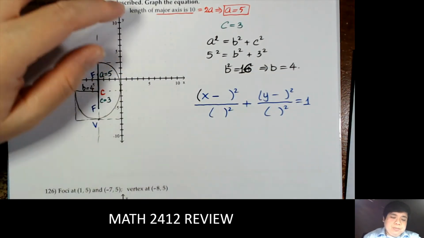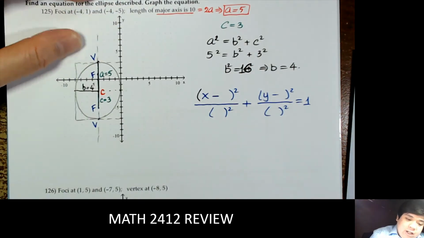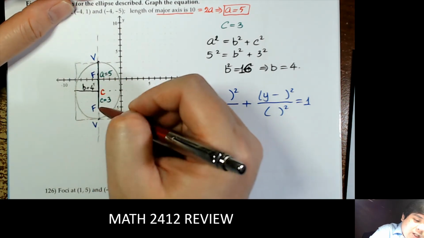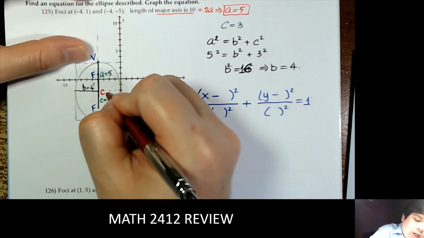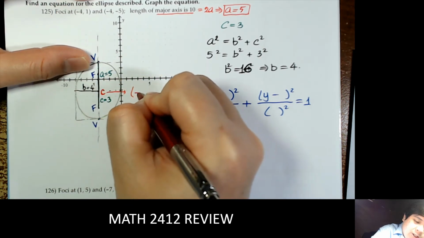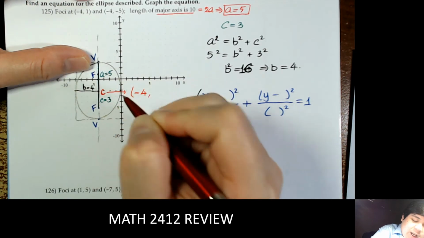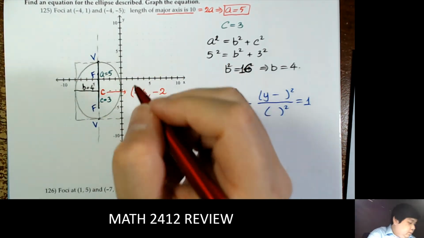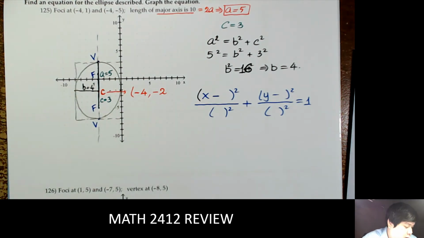First, the center, in this case, is in the middle of the two foci. So the center here is 1, 2, 3, 4 units to the left and 2 units down.